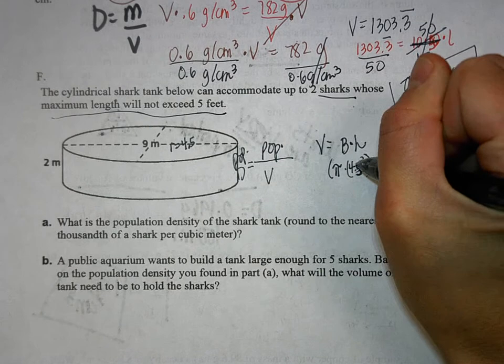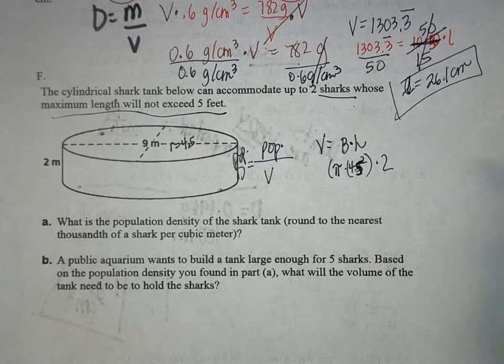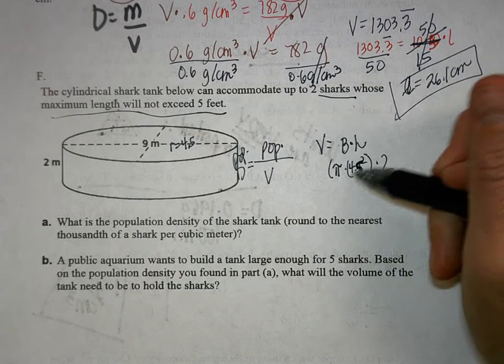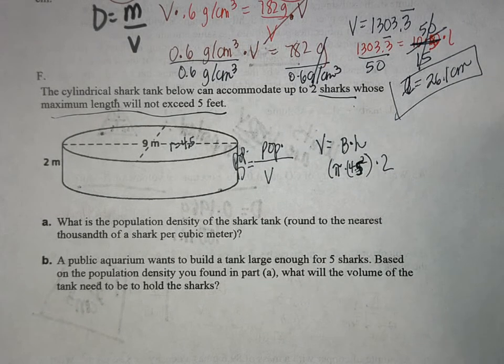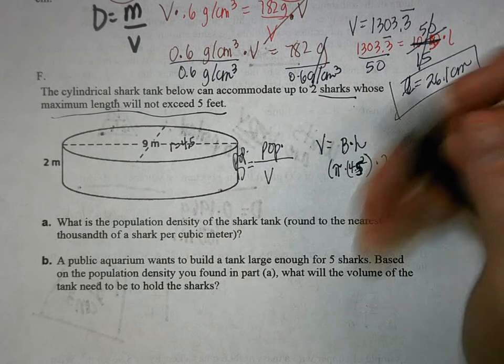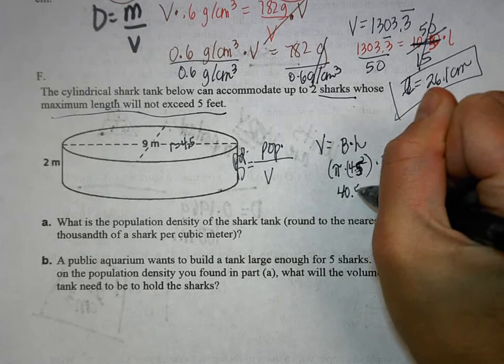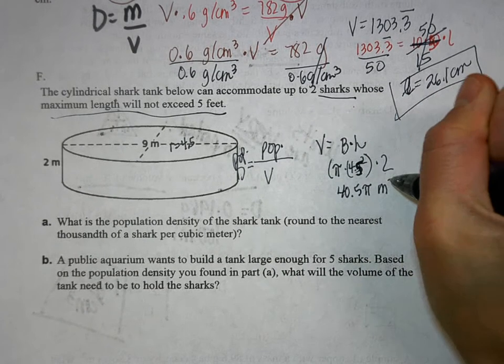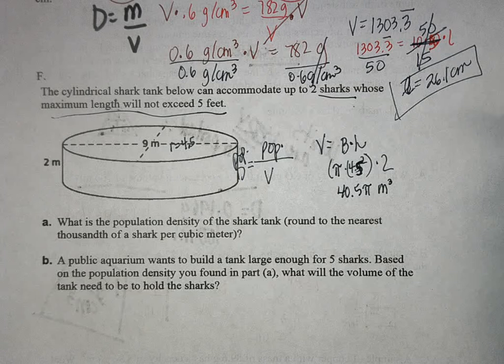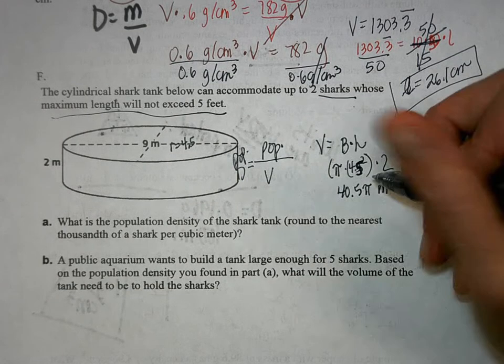Okay, so 4.5 squared, we put that into our calculator. Once I have 4.5 squared, I'm going to multiply that number by 2, and I get 40.5 pi meters cubed. Now, since we want to find the exact meters, I'm going to type in pi and multiply.